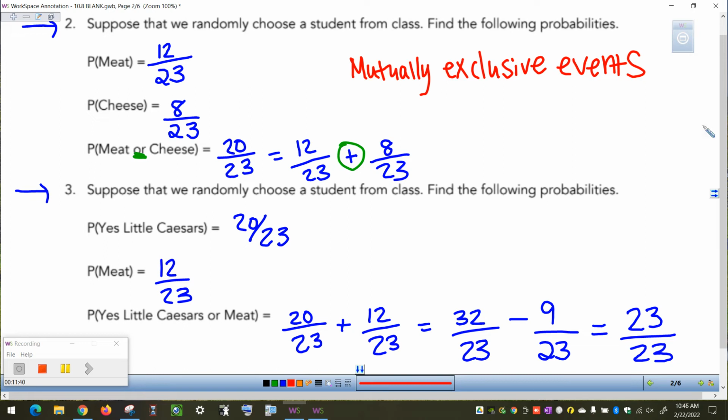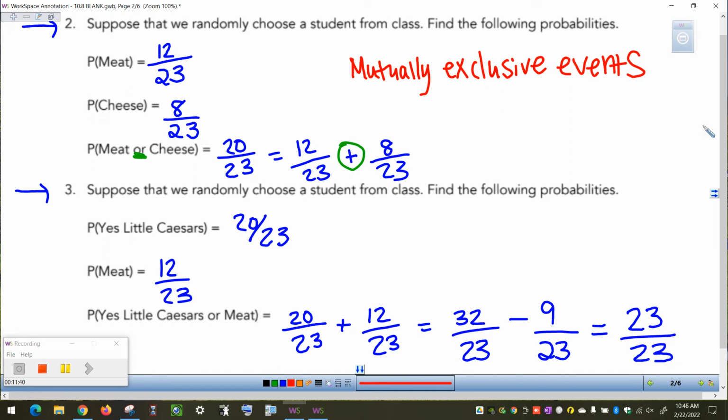And mutually exclusive means that this cannot occur together at the same time. There's no overlap here. I made everybody choose one option, so the people would either have to have chosen meat or cheese. It was not an option for them to choose both.